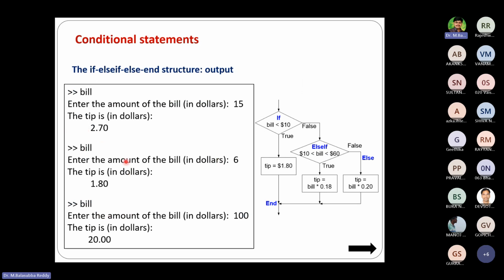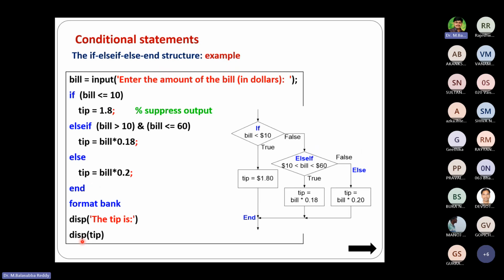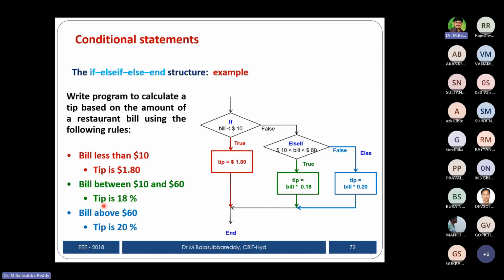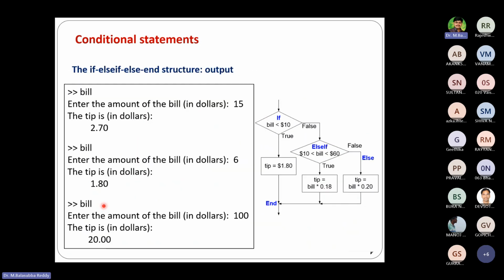Similarly, for 6, less than 10, it is a fixed one. Above that, still $20 is a fixed one, not 20%. One problem: 20%. So bill must be in percent, you can give it. 100 into 20% means $20 only.